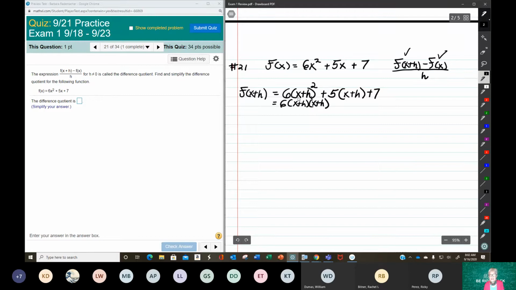Now, it would be delightful if we could just say x squared plus h squared, but you can't. Not when it's added or subtracted. So we have to actually write down what this thing is. When you square it, it multiplies by itself 2 times. But over here, this is pretty basic. You just take the 5 and multiply it by the x and multiply it by the h.